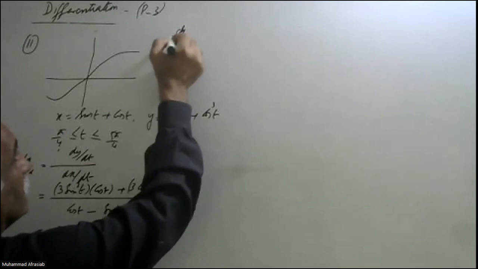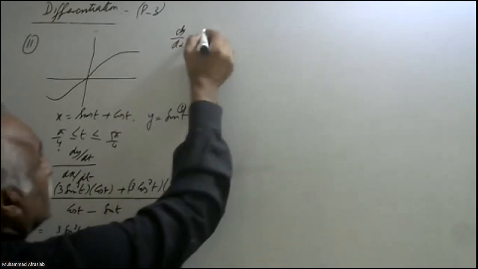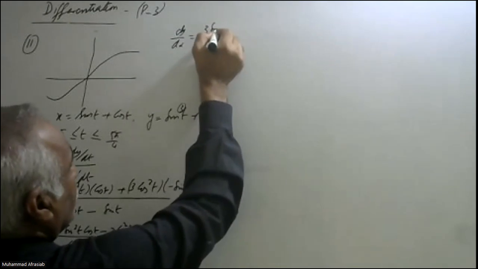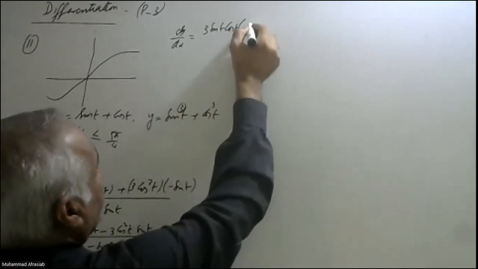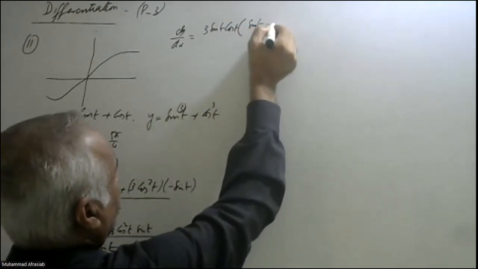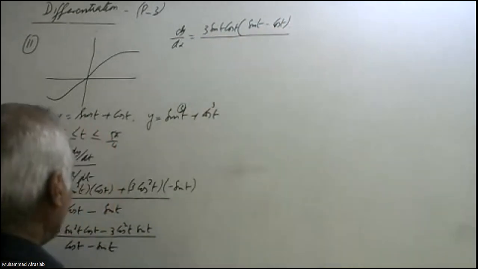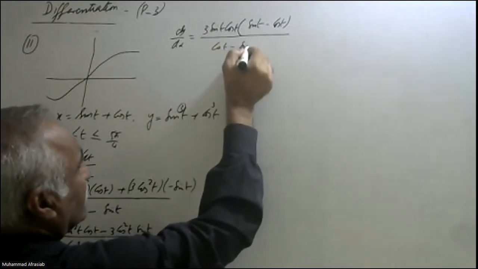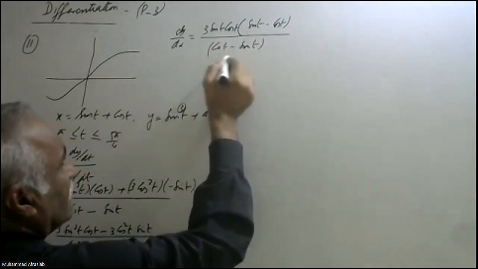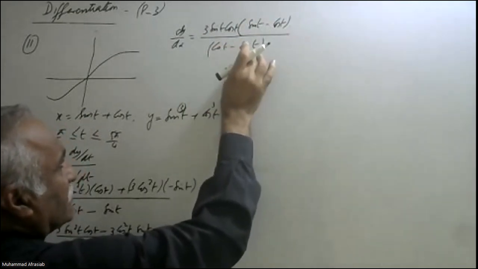So dy/dx is equal to 3 sin t cos t common, and what is left is sin t minus cos t, divided by cos t minus sin t. It is sin t minus cos t, and this one is cos t minus sin t.